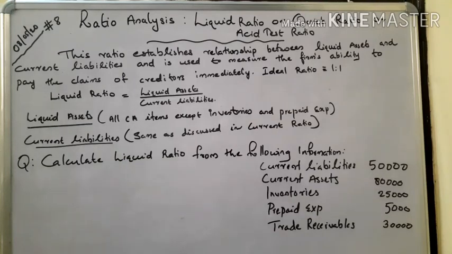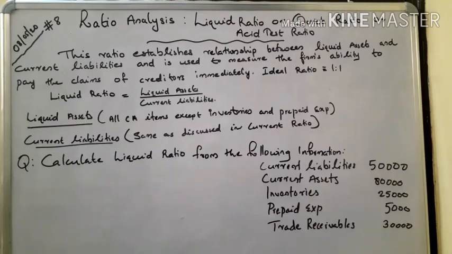The ideal liquid ratio is 1:1, but in the case of current ratio, the ideal ratio is 2:1. That means, suppose 2 lakh rupees current assets and 1 lakh rupees current liabilities, that is the ideal ratio, 2:1. That means this company has the capacity to pay off its liabilities easily by using its current assets.